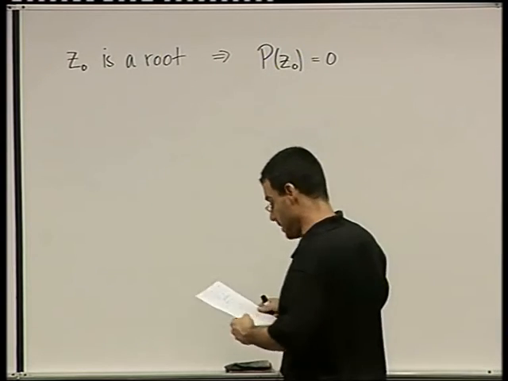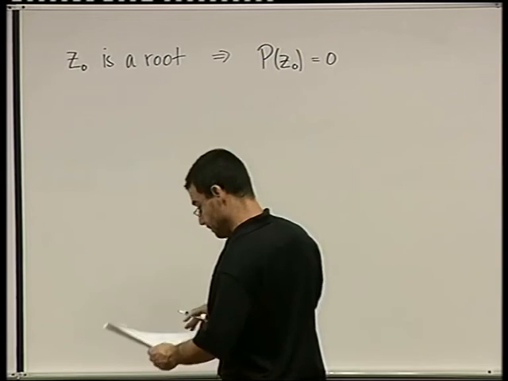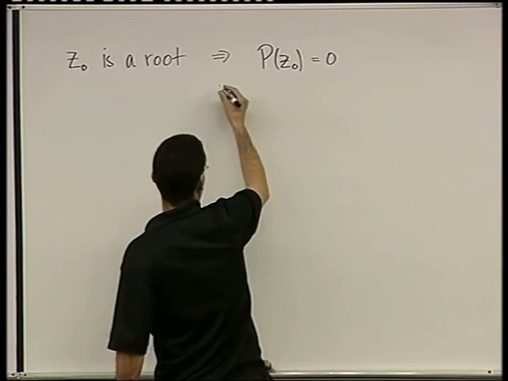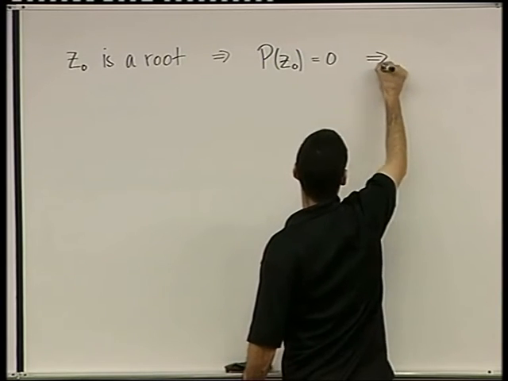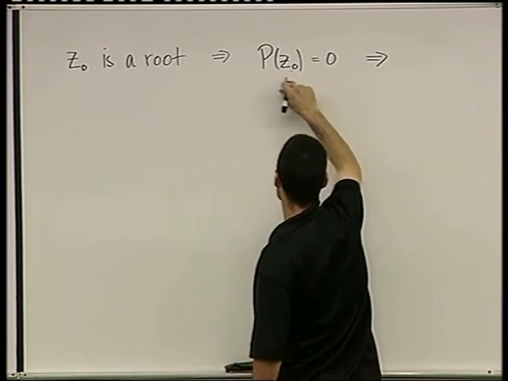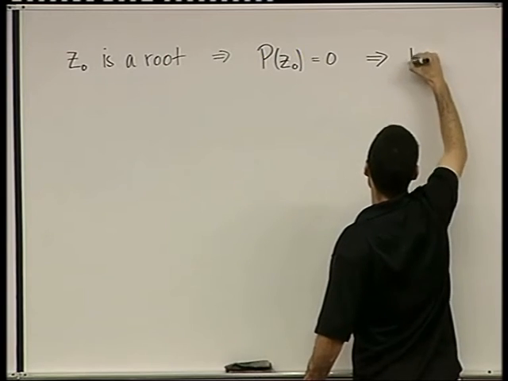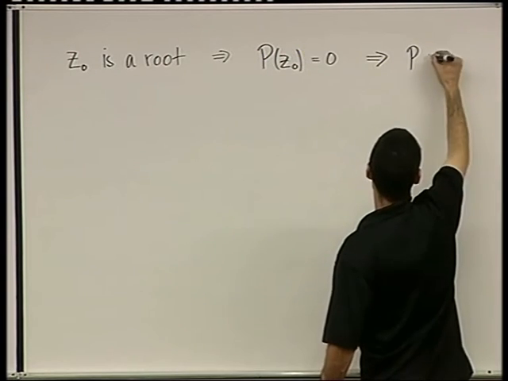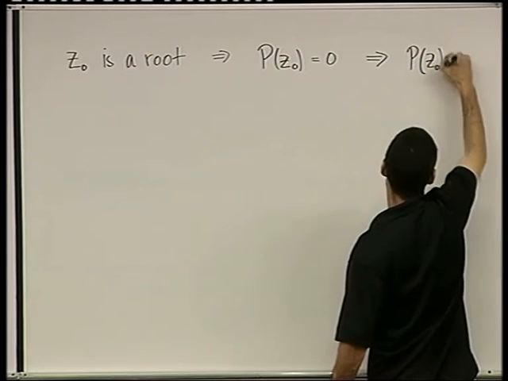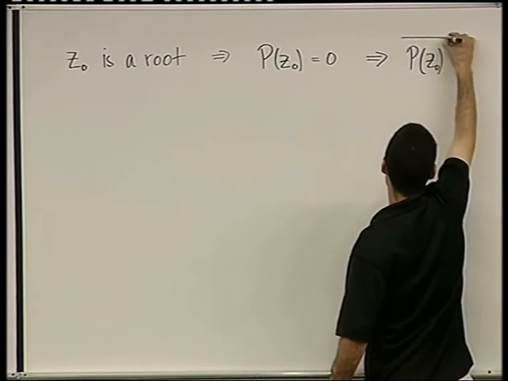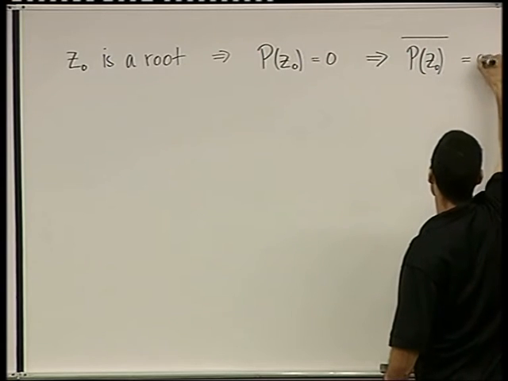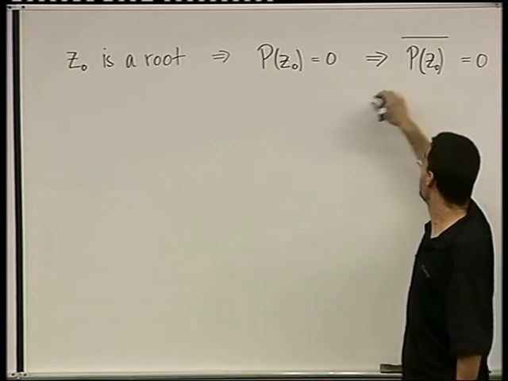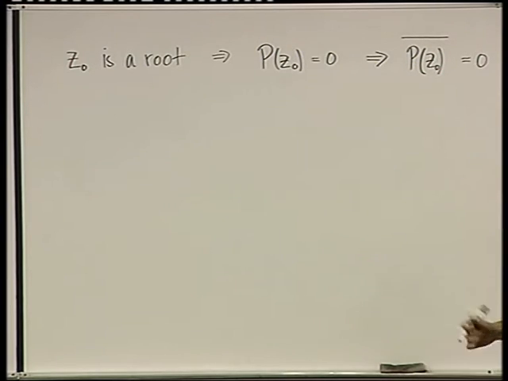So if z0 is a root, p of z0 is 0, so we can write for the same price that p of z0, bar, its complex conjugate, is also 0. This is a number. It happens to be the number 0, so its complex conjugate is also the number 0, right?